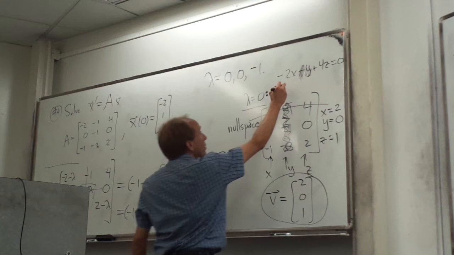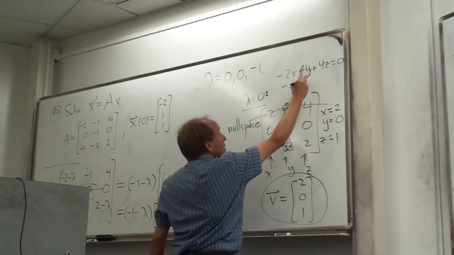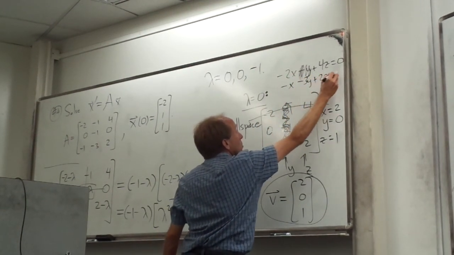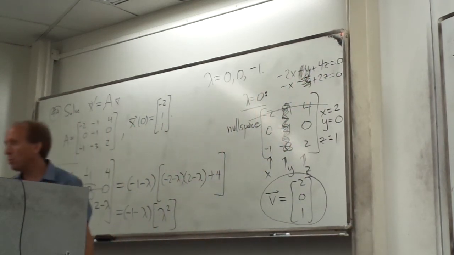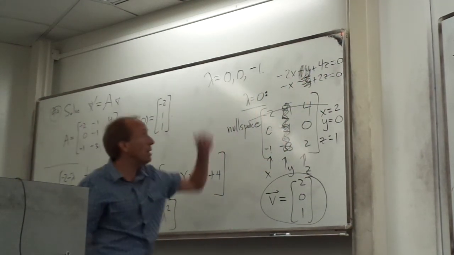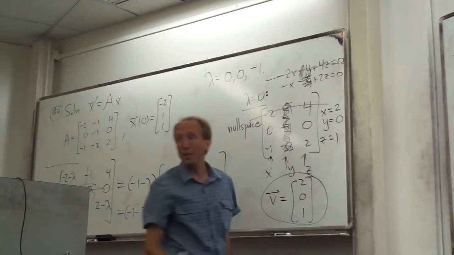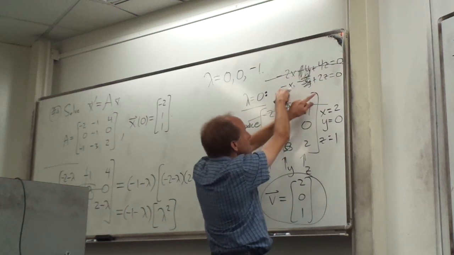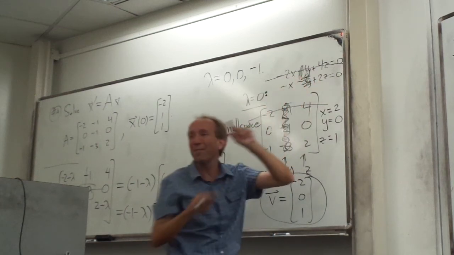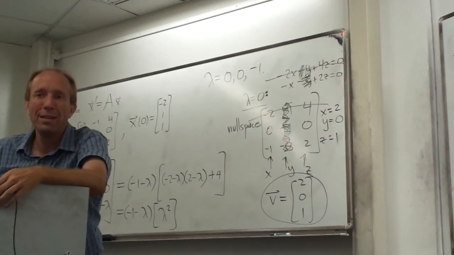And the third row, which is -x minus 3y plus 2z equals 0, as soon as y is 0, just becomes -x plus 2z equals 0. Now those two equations are just multiples of each other. So I'm crossing one off, and now I'm looking at x and z. I switch the 2 and the -1 and change the sign of one of them.